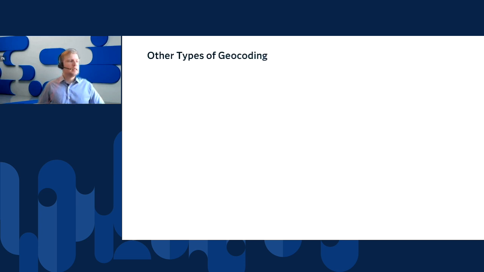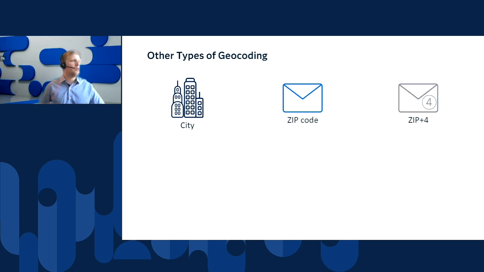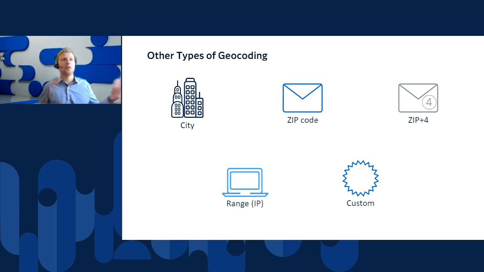Now, like I said, there are other levels of geography supported by using the geocode procedure. So you can geocode at the level of the city, at the level of the zip code, at the level of the expanded zip code, the zip +4. You can also do range geocoding, which will allow you to geolocate IP addresses. And then you can do custom geocoding, which is any other level of geography that you might want to do.